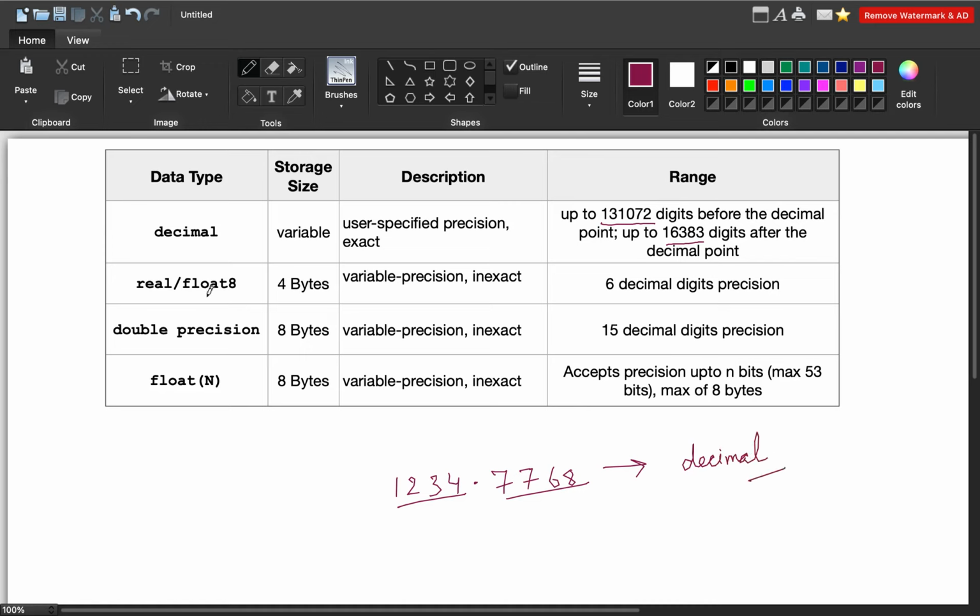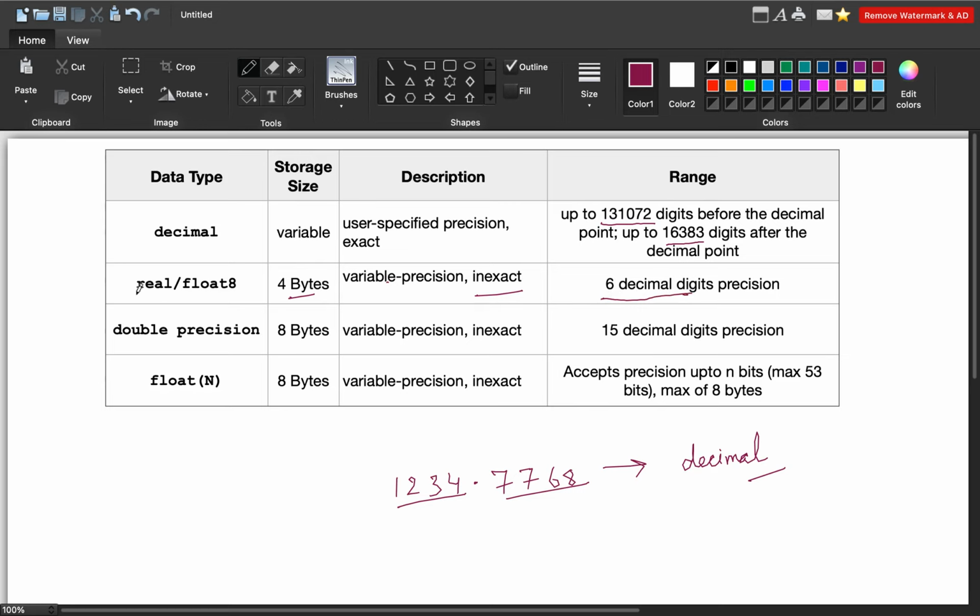Talking about the next data type, which is real, also called float, it has a fixed storage size of 4 bytes. We are also saying it is inexact. We will talk about inexactness in detail, and what all these things mean. It has a variable precision, and it can have a maximum of 6 digits after the decimal point.